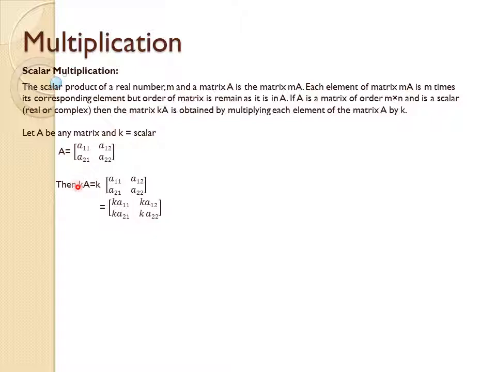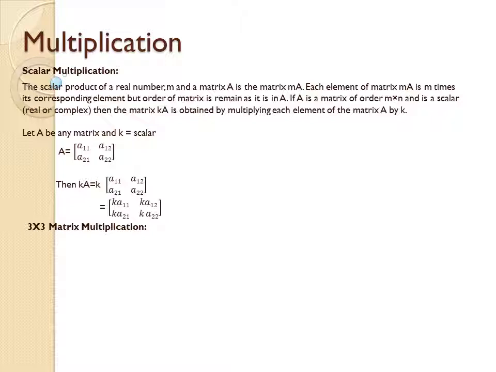If I multiply by K, then it becomes KA11, KA21, KA12 and KA22. This is how scalar multiplication takes place.